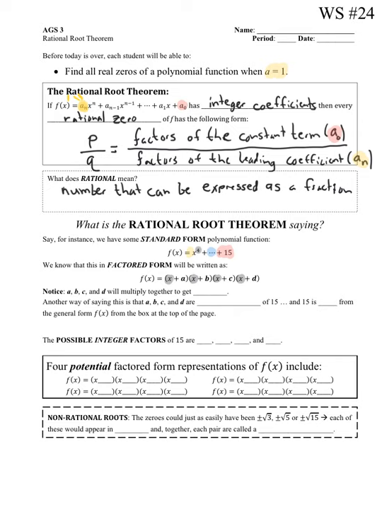Okay, that's the first thing we notice. What we want to show, though, is that a, b, c, and d will all multiply together to get us positive 15. That's what the rational root theorem is telling us. Whatever those a, b, c, and d values are, they're all going to multiply together to get us positive 15.